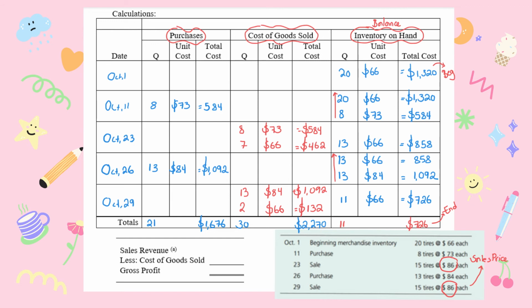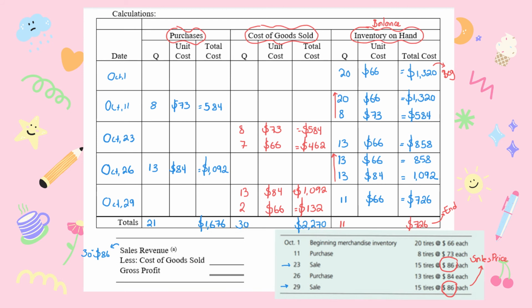Now let's find the gross profit. Sales revenue less cost of goods sold equals gross profit. Now sales revenue, how many times did we sell? 2 times, on 23rd and on 29th. 15 units at 86 on 23rd, 15 units at 86 on 29th. So total of 30 units at 86 each.